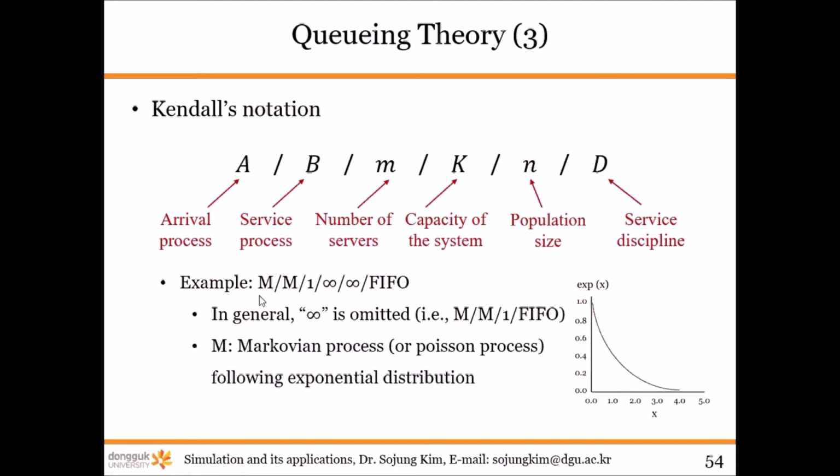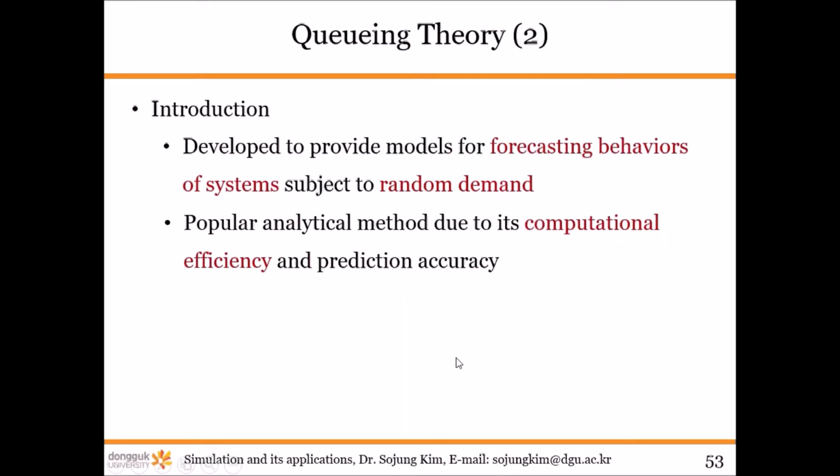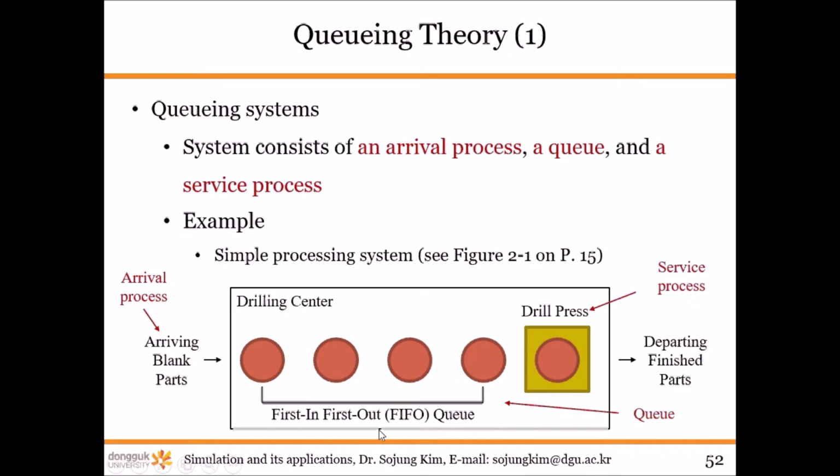That's why we use M. And here is another M, the exponential distribution for service. This is the shape of the exponential distribution, and this is the discipline of the queue, FIFO, first in, first out. I already mentioned this right before. So FIFO queue.